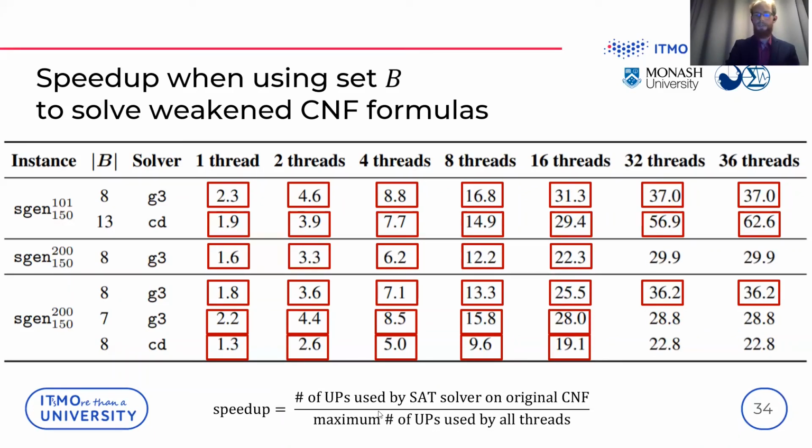So divided by the resources used by the slowest thread. What's interesting here is that for several formulas, and several more also, we can see that the speedup measured in this way is linear or superlinear, indicating quite a good efficiency gain.